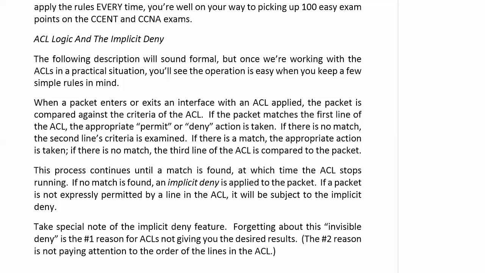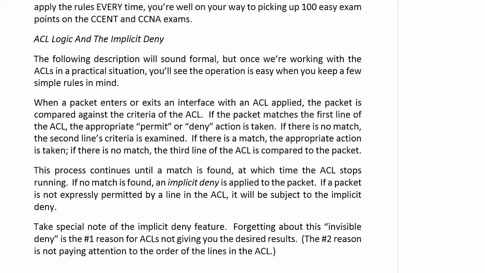Now what happens is, if the packet matches the first line of the ACL, the appropriate permit or deny action is then taken. And then that's it. But if the packet doesn't match the first line, we drop down to the second line. If there is a match, as you'd expect, the appropriate action is taken. If there is no match, the third line of the ACL is compared to the packet.